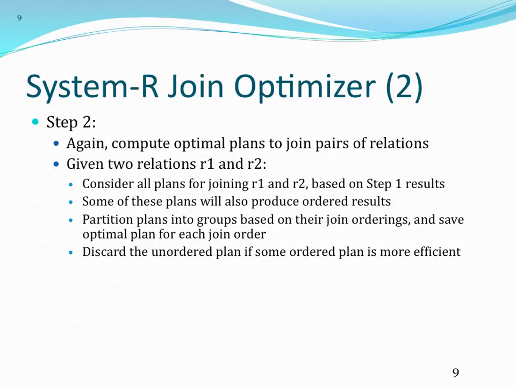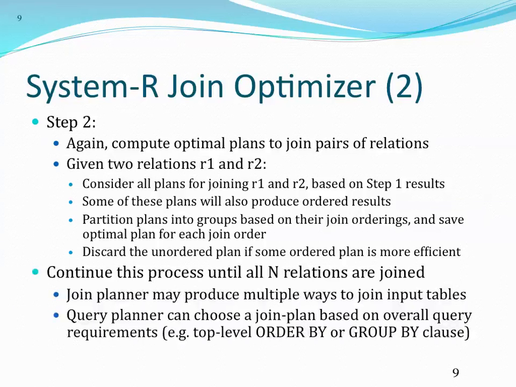So all the plans that generate unordered results go into one bucket, and we just pick the optimal one, the cheapest plan that generates unordered results. Then we have plans that generate results in some particular order, and we might have a few plans there, and we just pick the one that's most optimal for that ordering. We do that for all the orderings that we could possibly generate from the inputs.